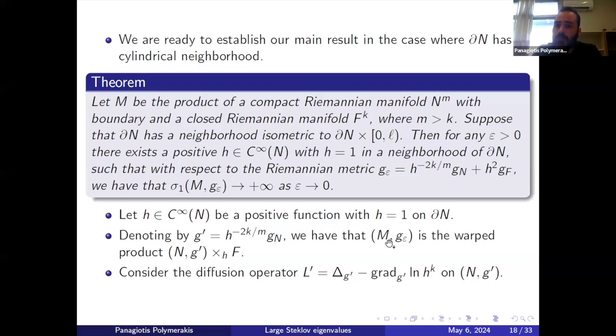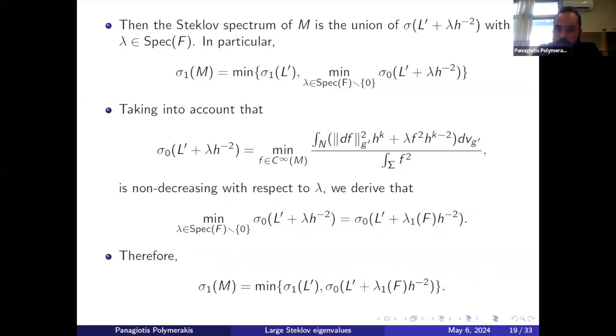We consider the corresponding diffusion operator on the base manifold, and we know that the Steklov spectrum of M is the union of the spectra of these diffusion operators, where lambda is in the spectrum of the fiber. So here we have 0 coming from the smallest eigenvalue of this operator for lambda being 0.